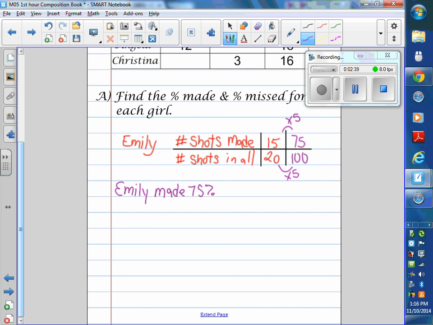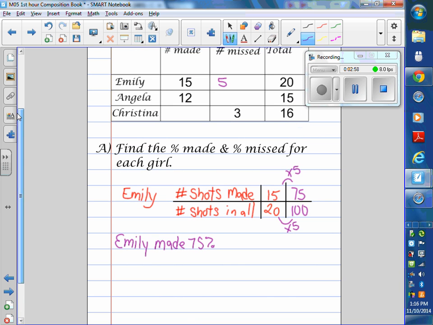What percent did she miss? So, it's not 20. What'd you get, Jordan? 25. Because you have to get to 100. So if she made 75%, then she had to miss the rest, which is 25%.